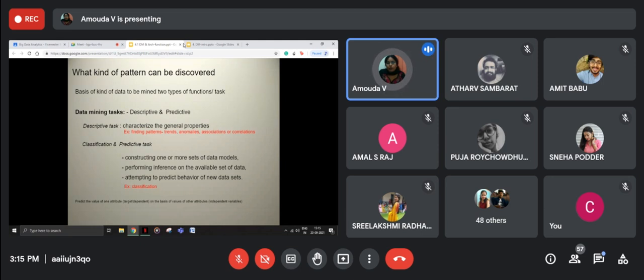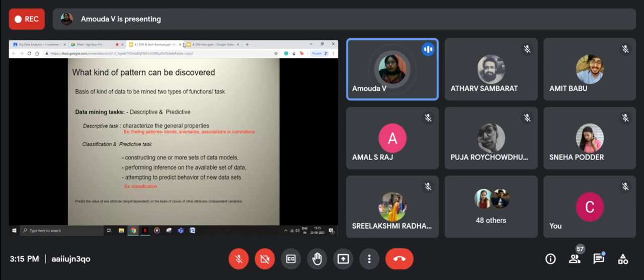But what is this classification? In the descriptive task, we are categorizing the data. What do you mean by categorizing the data? I'll explain, but now I'm introducing the words. First, just listen to what all the tasks are. Then we'll come to know what they are.